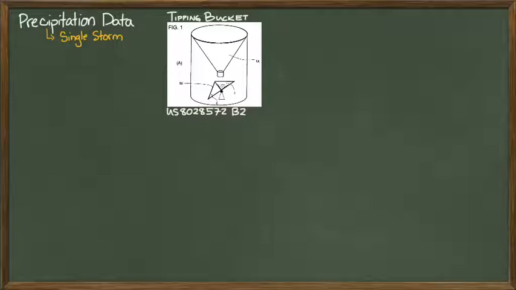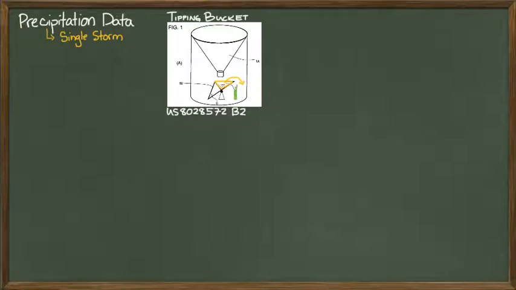It funnels water down into the bucket in the middle there, and this little triangle area is the bucket that I'm referring to here. Once the water fills up that bucket, it tips out this way, okay?